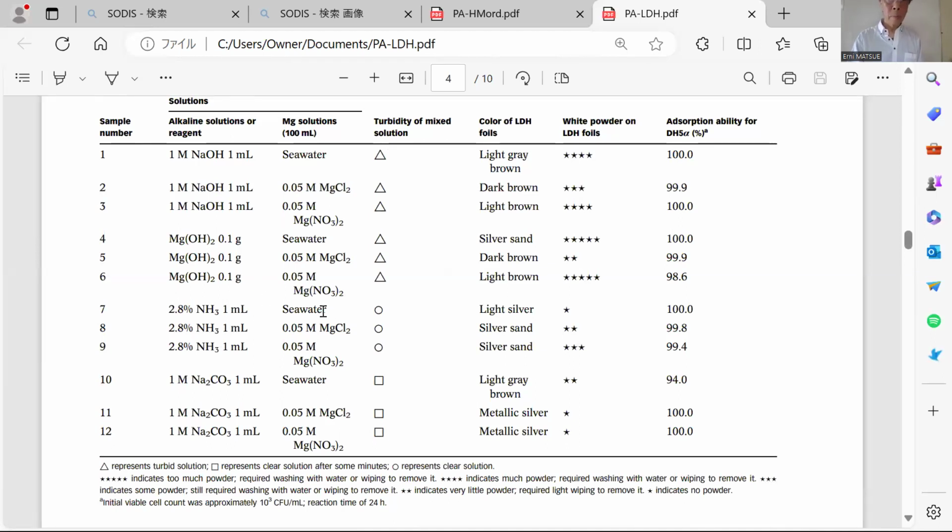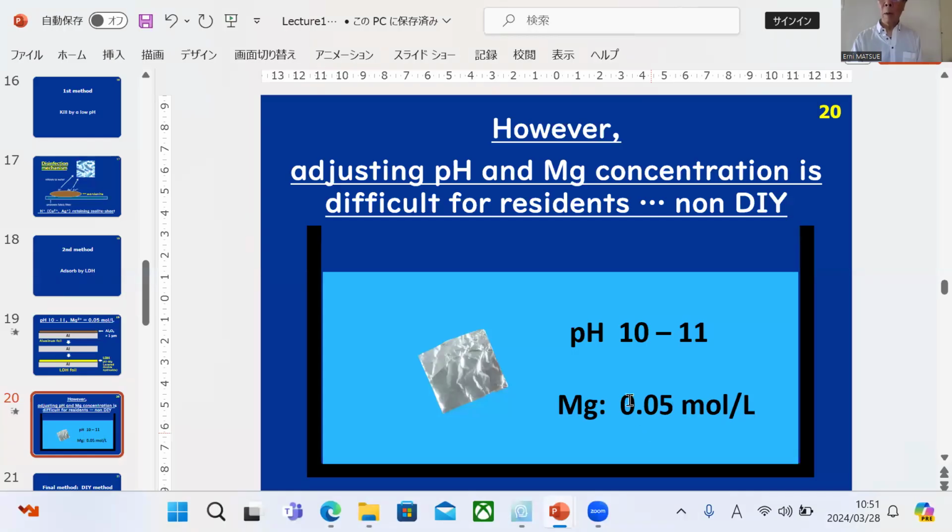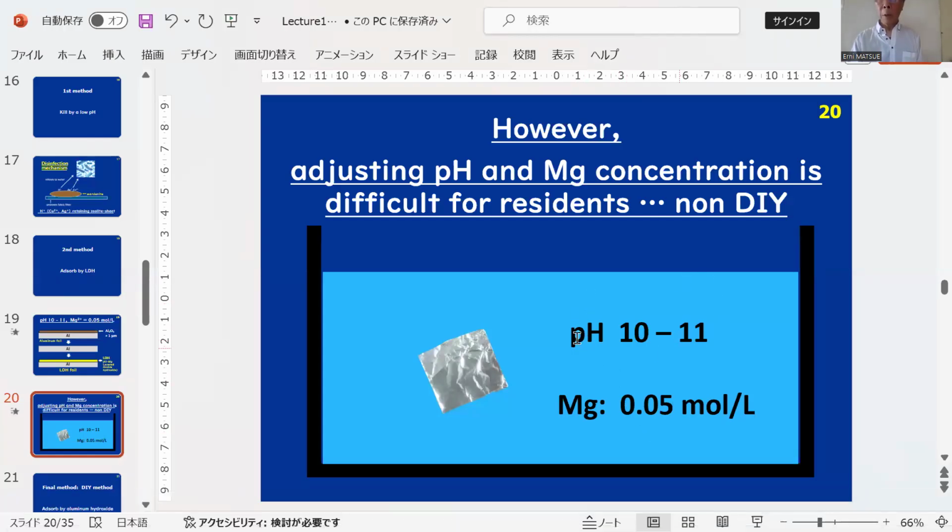But adjusting pH and magnesium concentration is easy for us, for researchers, very easy.